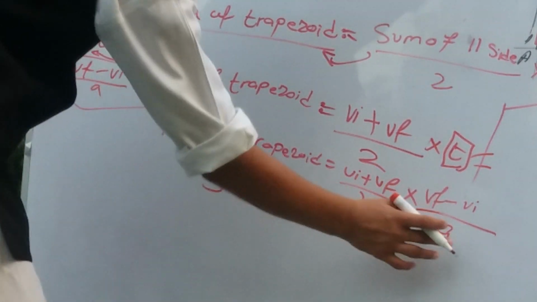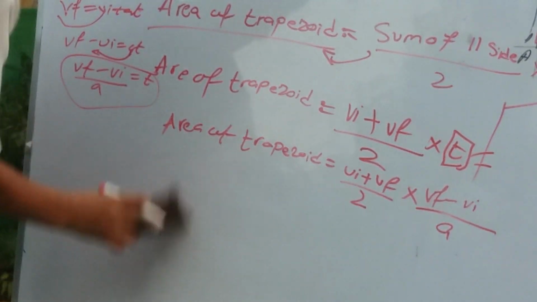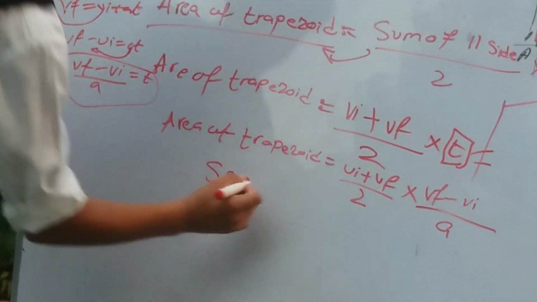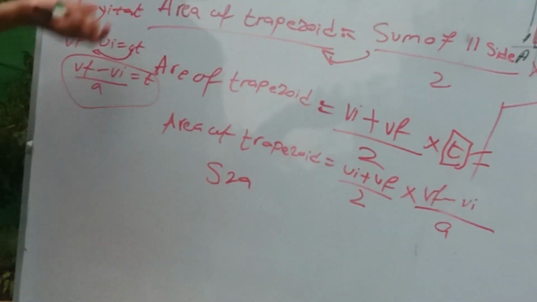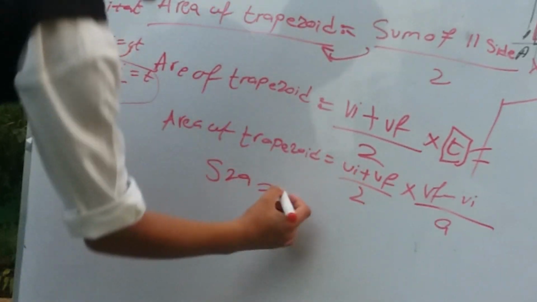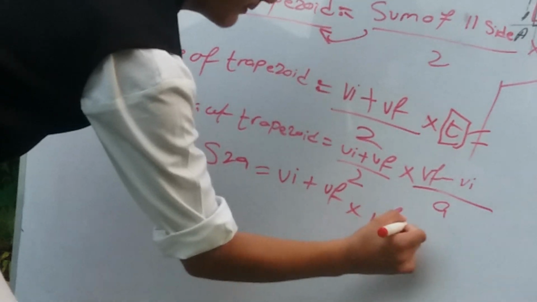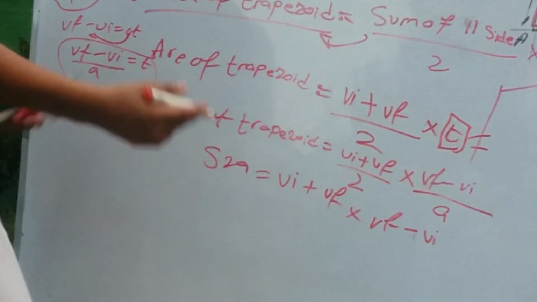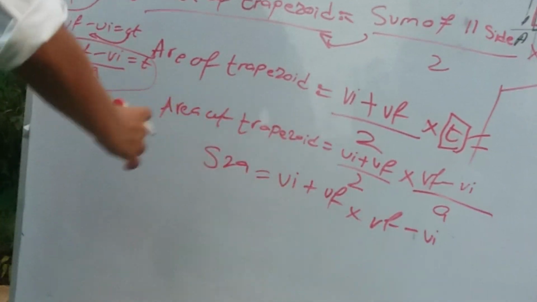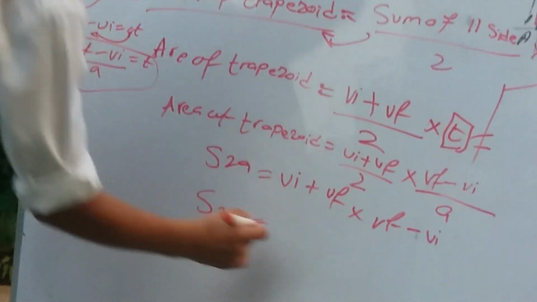Now this 2 and a we will shift right here. So we can write 2as as it is, it will be easy for all of you, equal to Vi plus Vf multiplied by Vf minus Vi. When we multiply, what will be the answer?